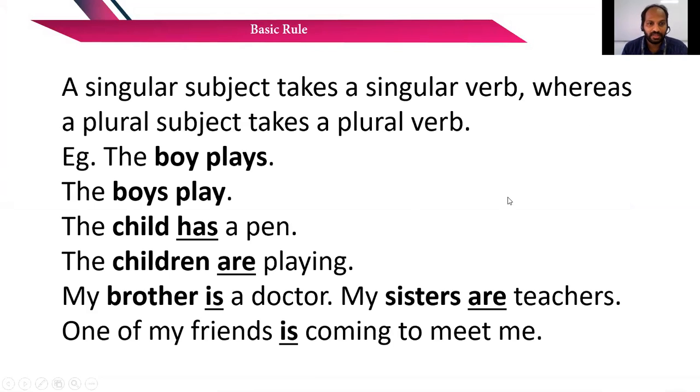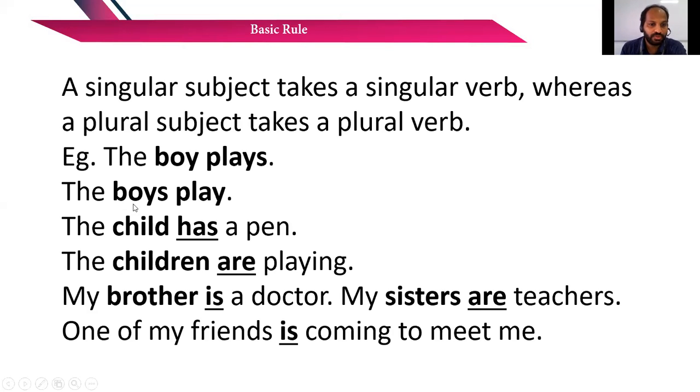Whenever it is in English, a singular subject always takes a singular verb, whereas a plural subject takes a plural verb. You can find examples given here. The first one is: the boy plays. It is singular, the boy plays, in third person. Since it is third person singular, it is plays.